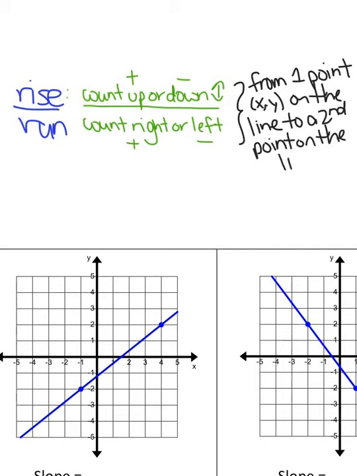That is how we are finding slope. So that's just the general gist of it. We're going to do some practice on it now. So rise over run is what we're going to work on today. We're going to be counting up or down, and then counting left or right, going from one ordered pair on a line to a second point. So the first problems, I have points identified for you.